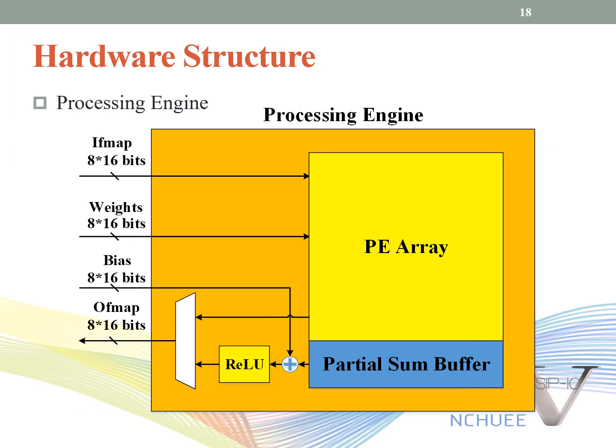Here's our processing engine architecture. Input feature map, weights, and bias come from the global buffer. Our PE array is constructed by 72 PEs, which compute per one cycle. The results are stored into the partial sum buffer until all three rows of operation are done.